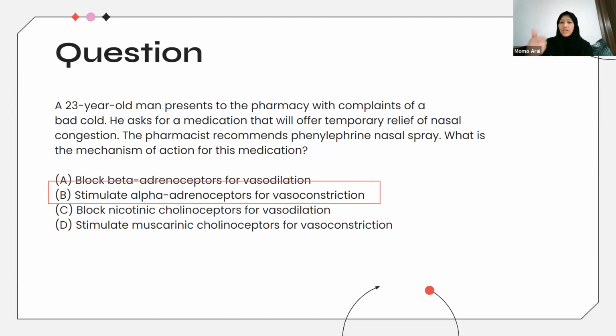If you use it for a long time, it can result again in congestion, but that's just another thing. Is this clear for everyone? Muscarinic options are not related. You want an adrenergic agonist. Should I move on from this question, if it's okay?